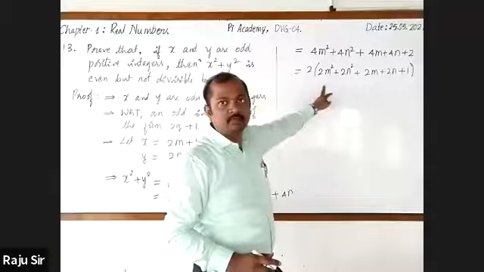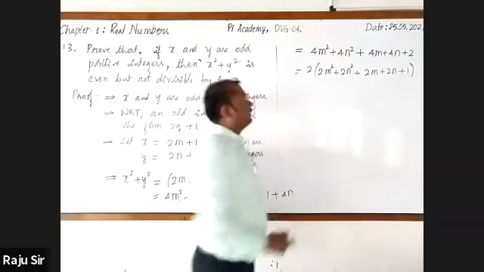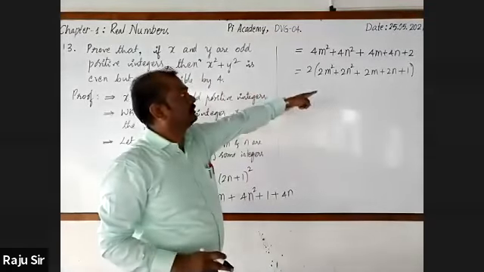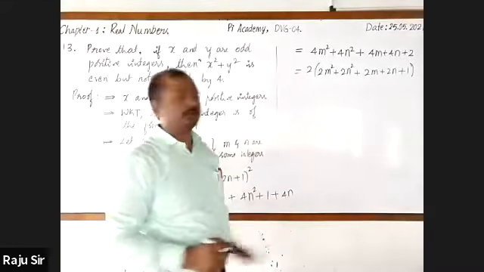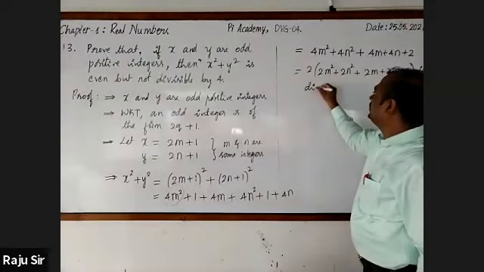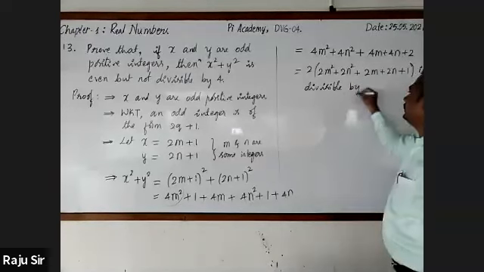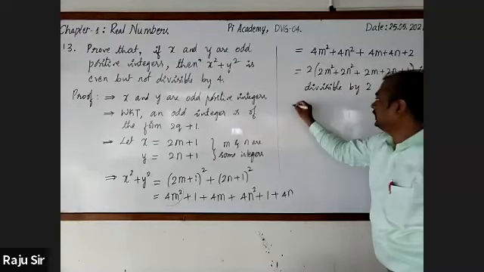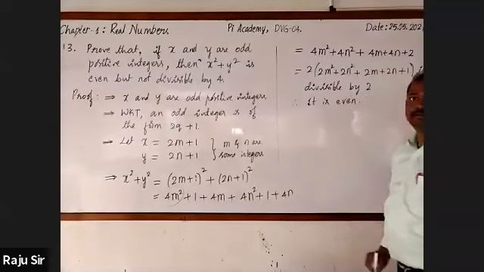Write down this step: 2 into, copy this, 2m square plus 2n square plus 2m plus 2n plus 1 is divisible by 2. Therefore, it is even.